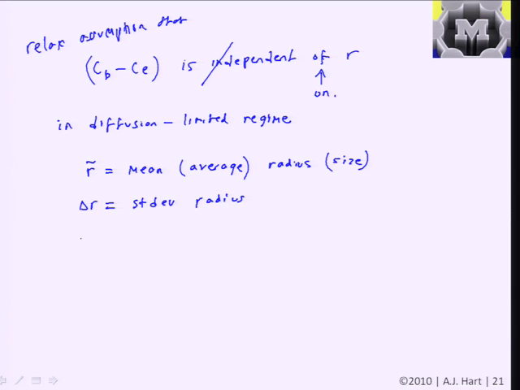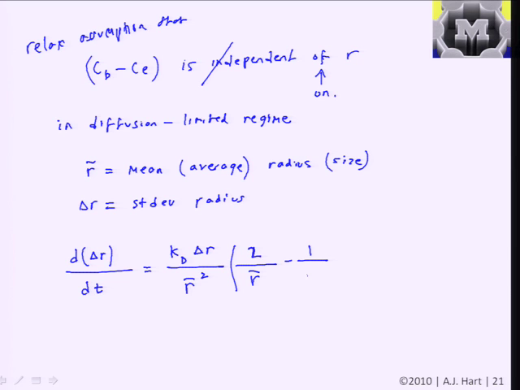Then what's shown is that the rate of change in delta R, the standard deviation, is equal to a constant, k sub d, multiplied by the standard deviation, divided by the mean squared, multiplied by the quantity 2 divided by the mean radius minus 1 over the critical radius, R star.